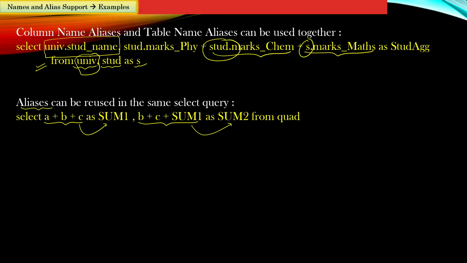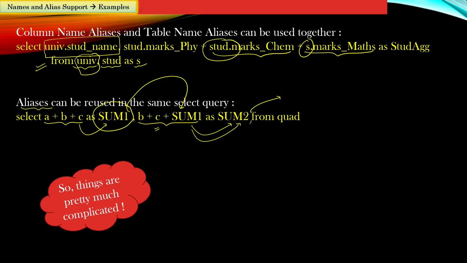So the thing to note here is that the alias which is defined here is being used as one of the operands in the select column expression. This is quite possible and supported. All right. And it itself is aliased as sum2, which can be further used if there was some third select column expression, and so on.